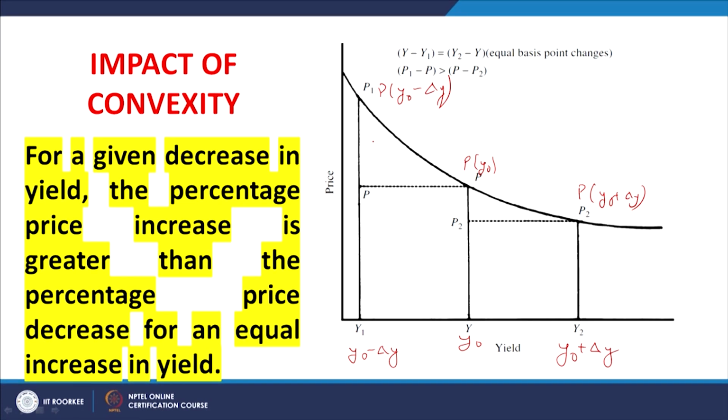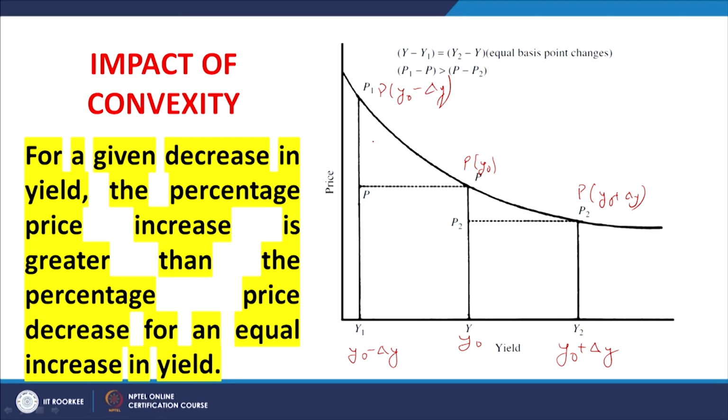If you compare the difference between p of y0 minus delta y and p of y0, and the difference between p of y0 and p of y0 plus delta y, you find that the former is significantly larger. This is attributed to, this arises from, the convexity of the yield price curve, that is the property that the second derivative is positive.